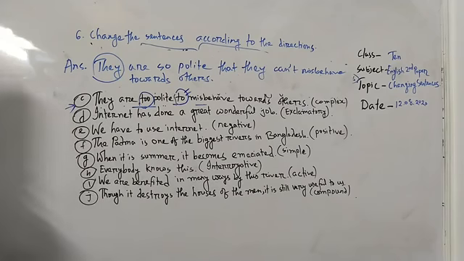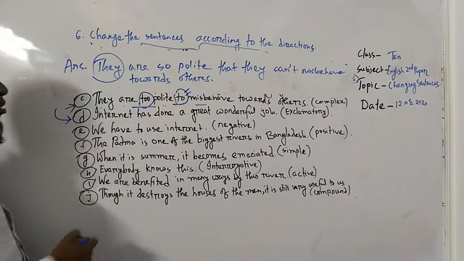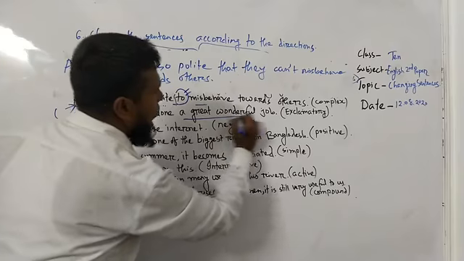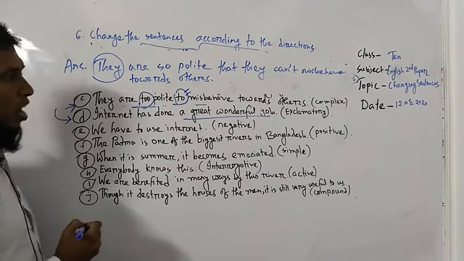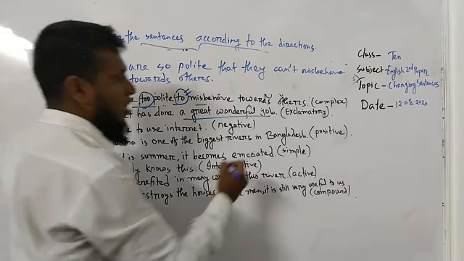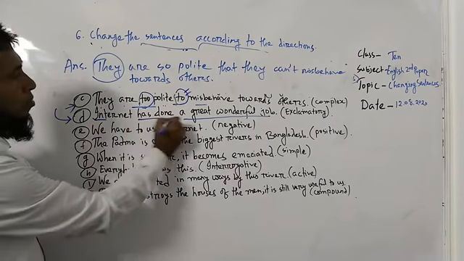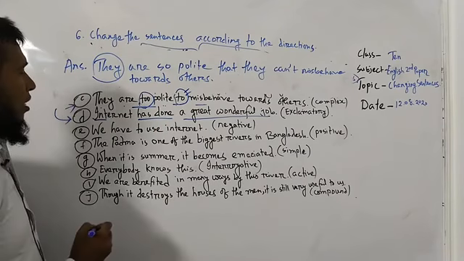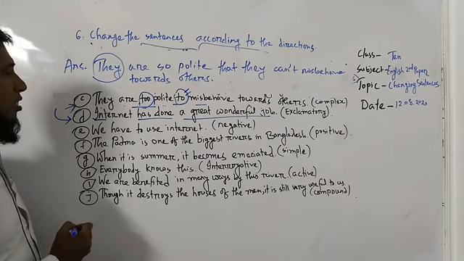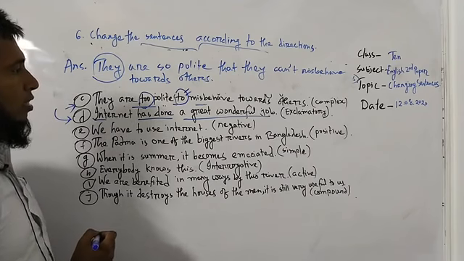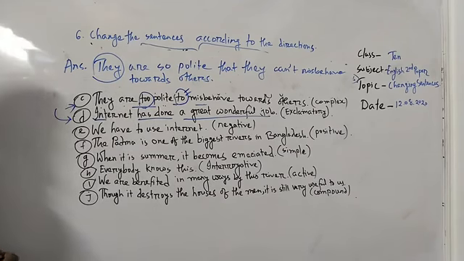Again, come to fourth sentence. Here you see, internet has done a great wonderful job. Here you have to change it into exclamatory sentence, and this sentence you see subject, verb, and then extension, and this sentence is in assertive sentence, and you have to change it into exclamatory sentence. Again you are given 1 minute.